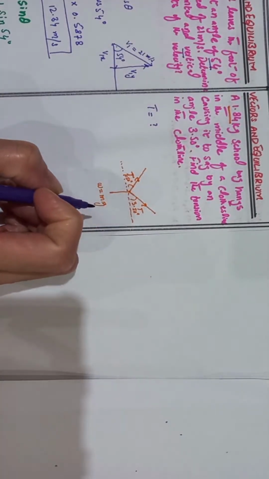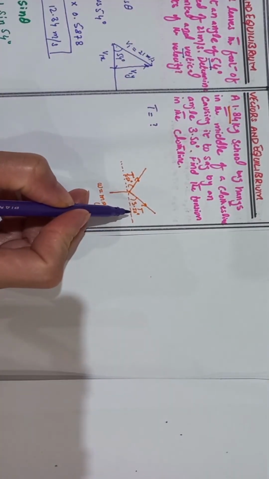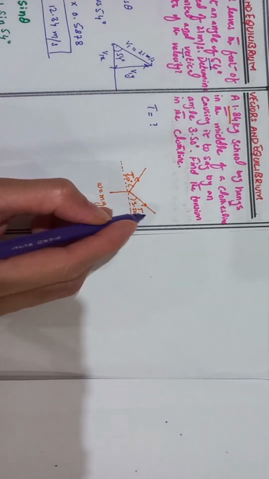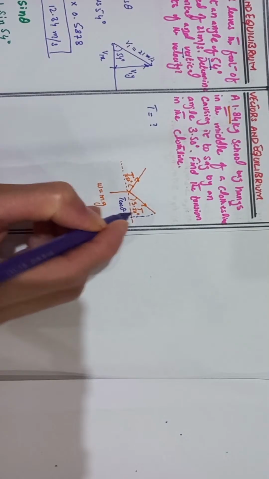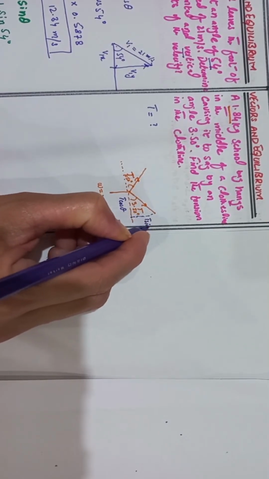First we discuss the components of the tension T. We divide the tension T into two components, T cos theta and T sin theta.